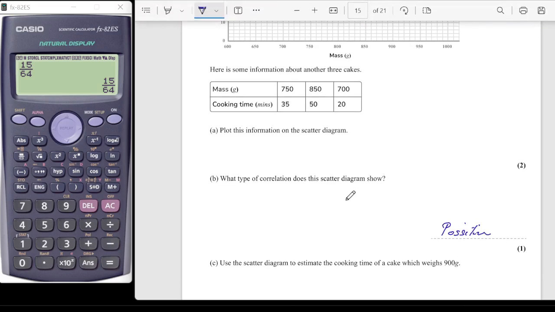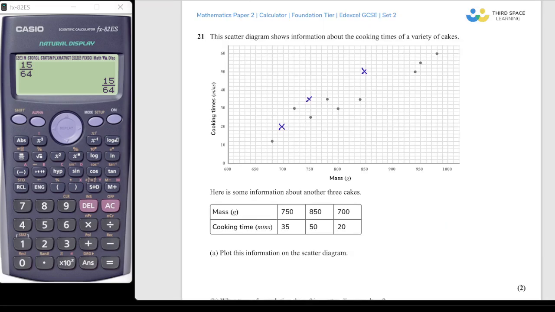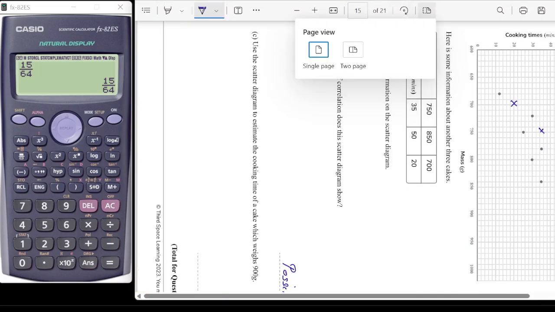And the final part: use the scatter diagram to estimate the cooking time of a cake which weighs 900 grams. So, looking around my room for a ruler. Okay, so it's not going to work particularly well.